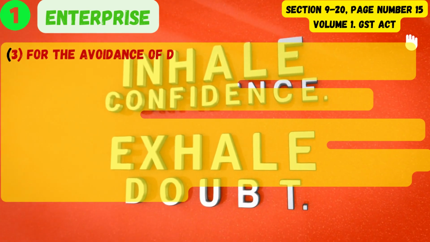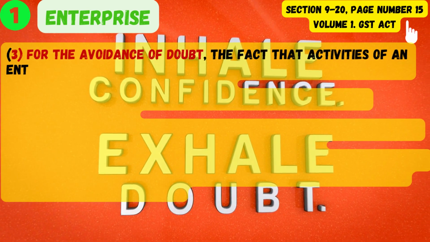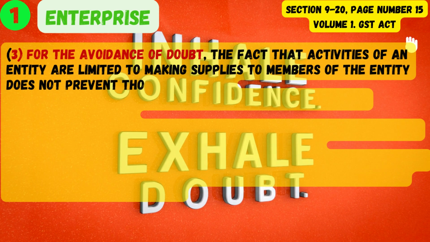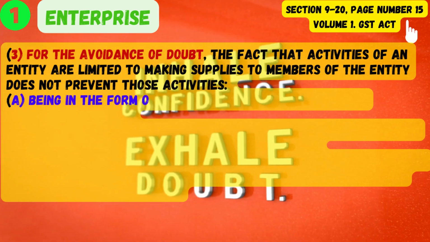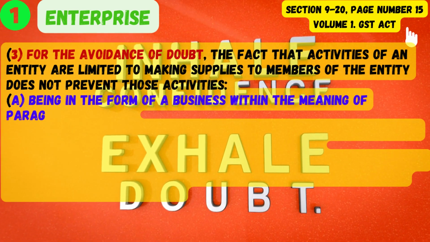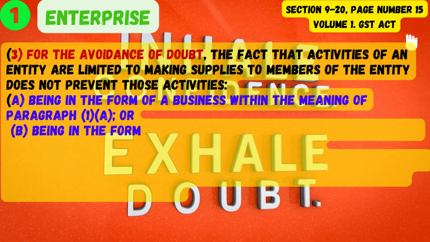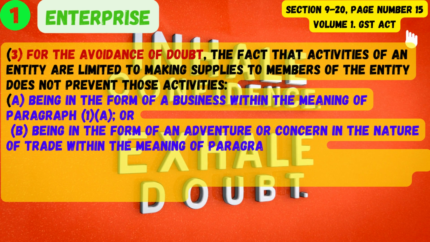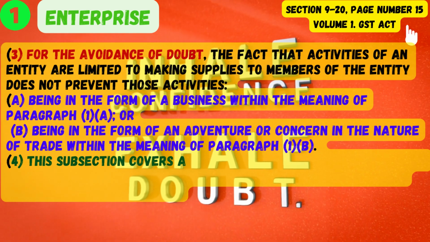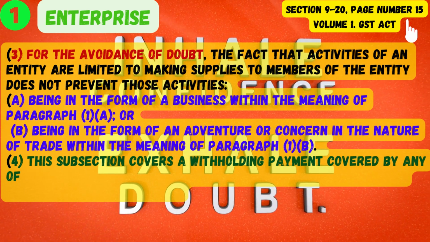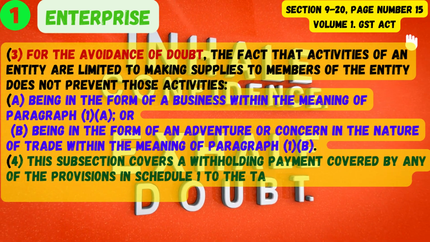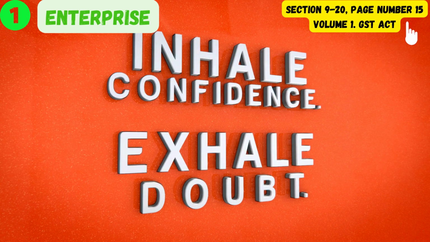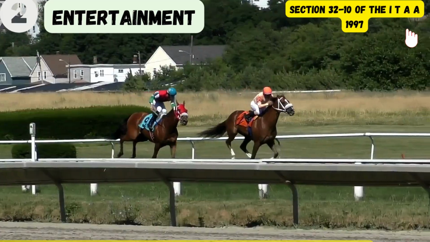For the avoidance of doubt, the fact that activities of an entity are limited to making supplies to members of the entity does not prevent those activities A. Being in the form of a business within the meaning of paragraph 1(a), or B. Being in the form of an adventure or concern in the nature of trade within the meaning of paragraph 1(b). 4. This subsection covers a withholding payment covered by any of the provisions in Schedule 1 to the Taxation Administration Act 1953 listed in the table.